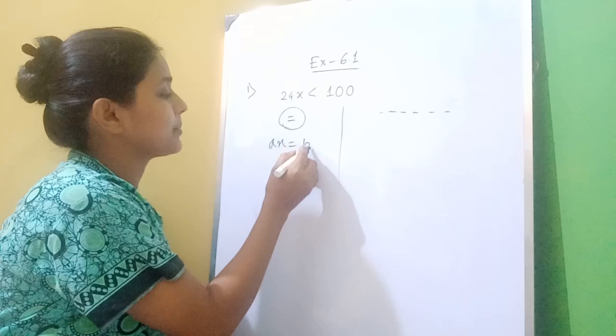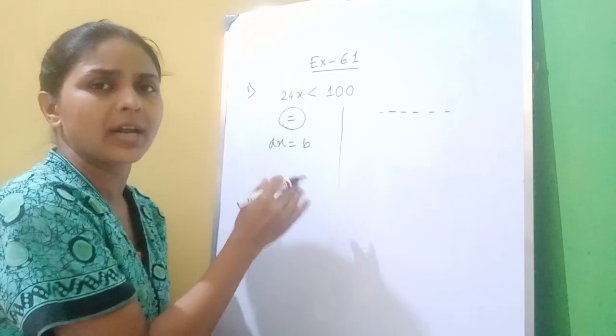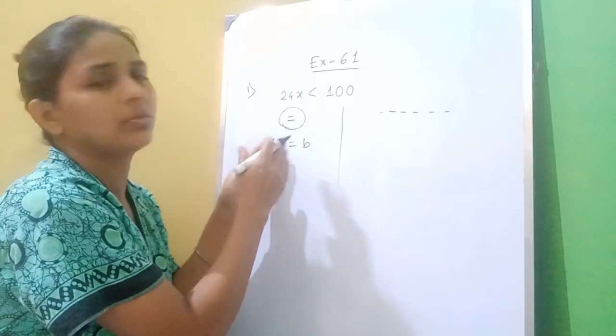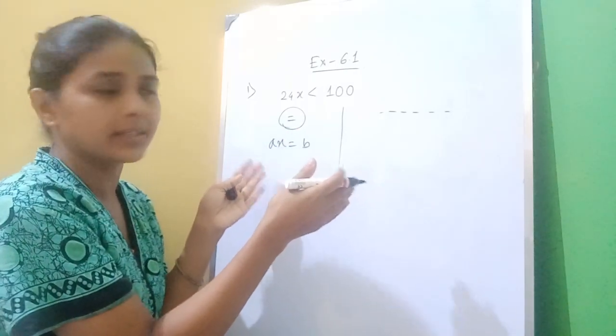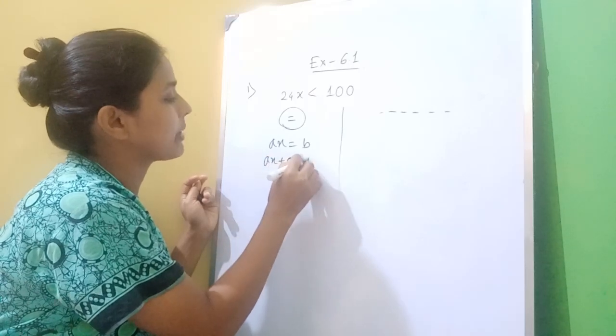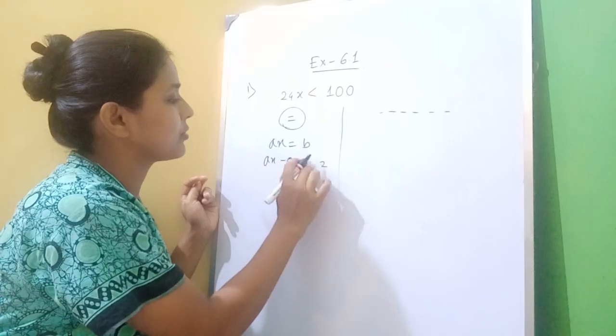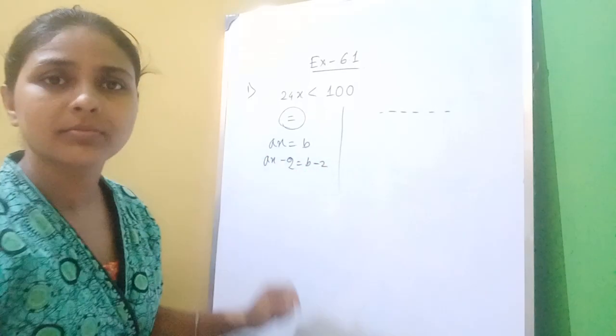So x equals b, and you can add or subtract anything to both sides, right? Suppose x plus 2 equals b plus 2, x minus 2 equals b minus 2.